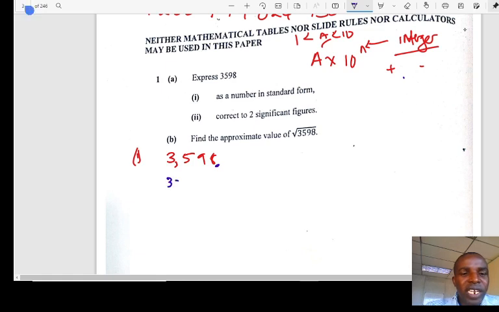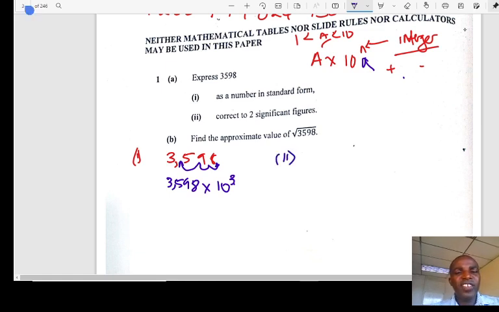Then you write 3.598 times 10 to the power n, which represents the number of places that your decimal is moved. Let's count: 1, 2, 3. So it's 3 steps, and your power will be 3. Done.